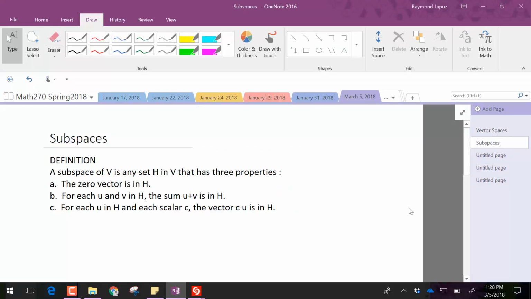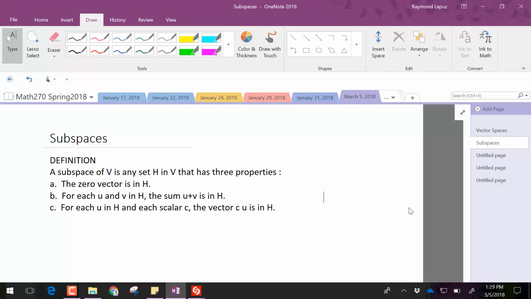All right, our main topic is subspaces. So a subspace of a vector space is going to be a smaller subset. It's a subset, but it has to satisfy a few conditions. So here they have 3 properties. More formally, you can expand these properties to like 6 of them or something, but there's 3 general properties. 1, the 0 vector has to be part of the subspace. 2, it has to be closed under addition.